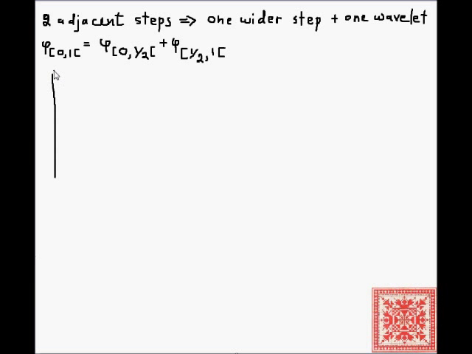This one wider step, phi from 0 to 1, is equal to phi from 0 to 1/2 plus phi from 1/2 to 1. Okay, so this is what it looks like.